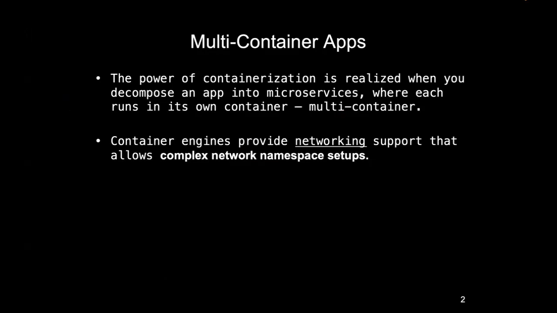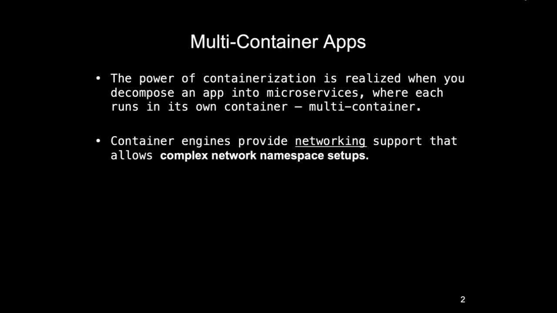So when we talk about multi-container applications, that's another way of saying a microservices style or design for an application. The power of containerization is realized when you decompose an application into microservices.